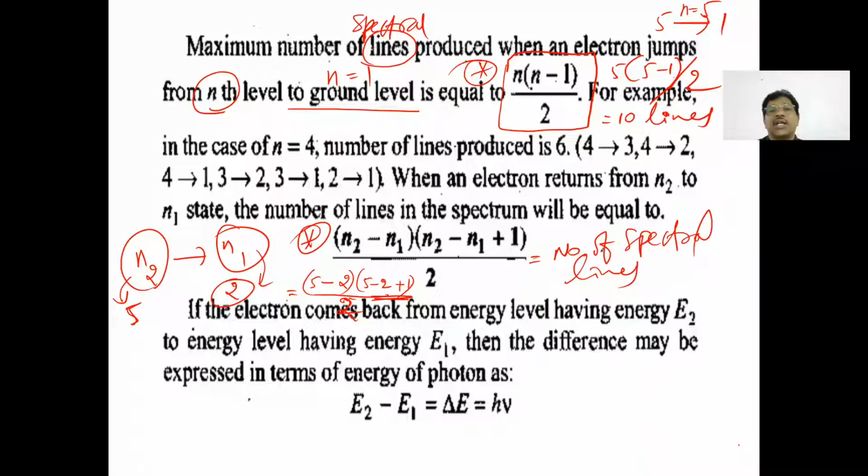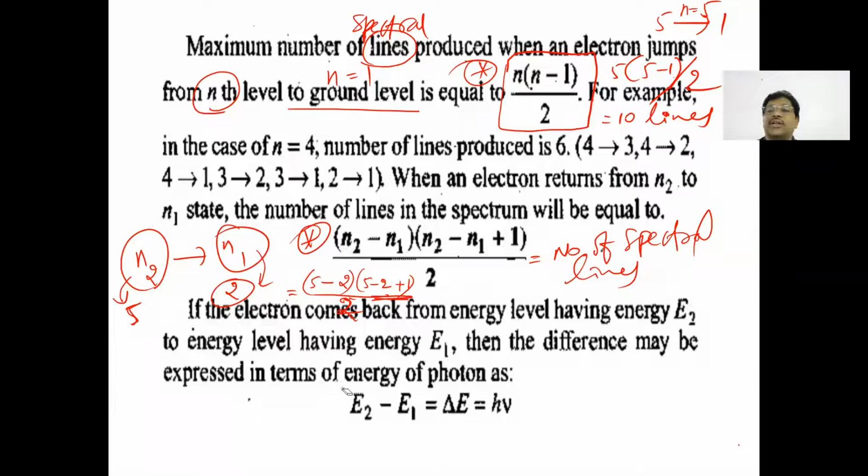It will come back to its ground state. When the electron is coming back from a higher orbit to a lower orbit, it emits energy. That is called de-excitation. Excitation means lower to higher orbit. That is called electronic transition. Transition is nothing but the jumping or the change in position.